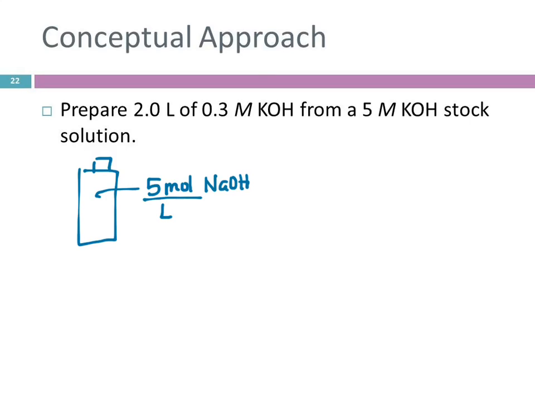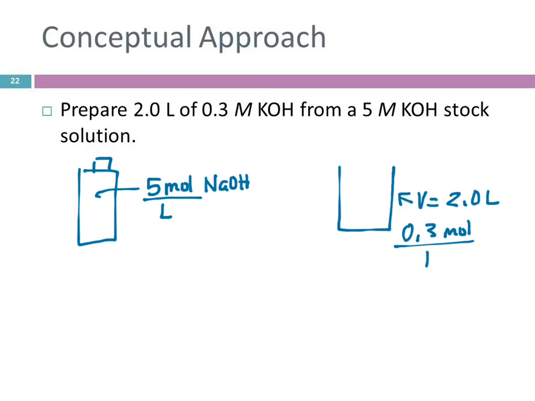And I'm going to take some of that and put it in my beaker over here. The volume here is 2 liters. And I want the concentration to be 0.3 moles per liter sodium hydroxide. Well, how much of this do I add?